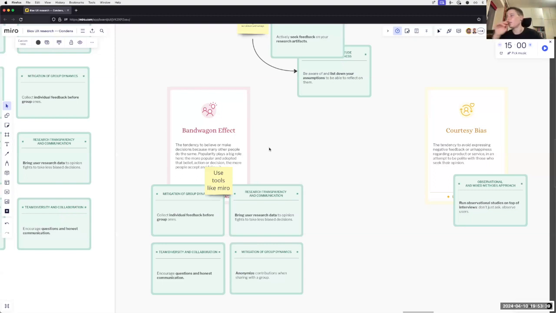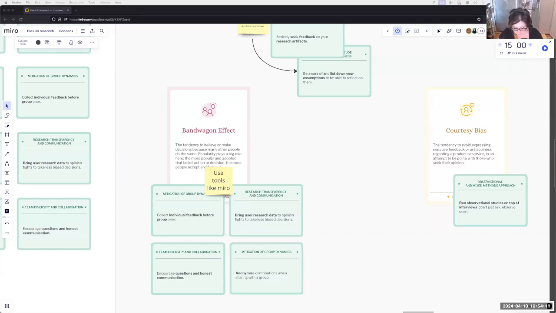That was also the part when you joined our group. It's also important to bring user research data to opinion fights. And even if you're a standalone researcher, you can ask for feedback, and you can consult with another person from your company or whatever, or with a friend. I even see one friend at this workshop that I consulted on some parts of research.